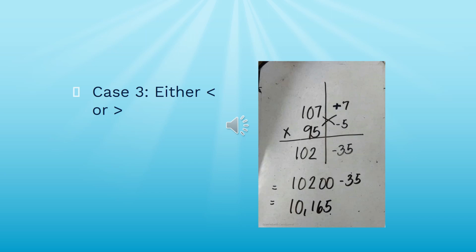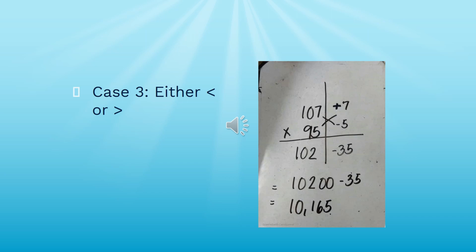Next is to cross add. I will use the first factor again, although even if I use the second factor, I will still get the same result. Say 107 plus or minus 5, since the distance of 95 is negative 5, so I will be subtracting.